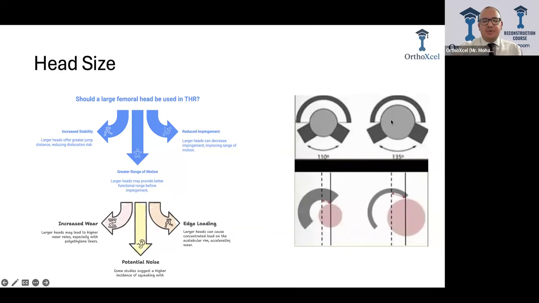The arc of movement is bigger, so the range of motion will be better than with a smaller head. But on the other side, we have to use a smaller poly, which means the longevity of my implant will be shorter. And we have to think about the volumetric wear, which is a higher risk of wear and osteolysis, and the edge loading.